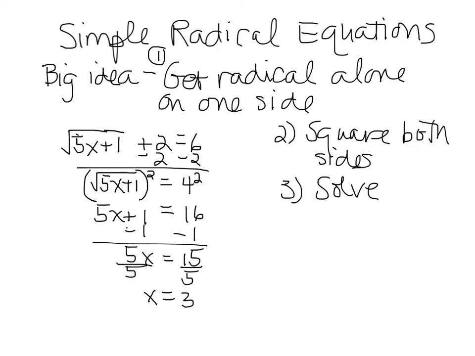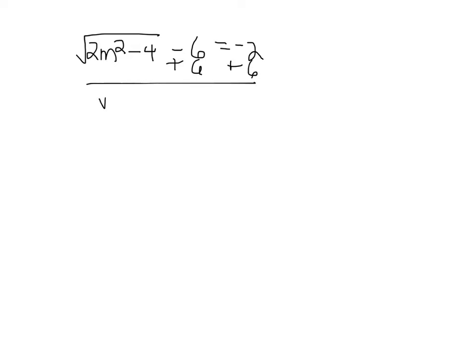If I say the square root of 2m squared minus 4, minus 6 equals negative 2. So to get my radical alone this time, I have to add 6.